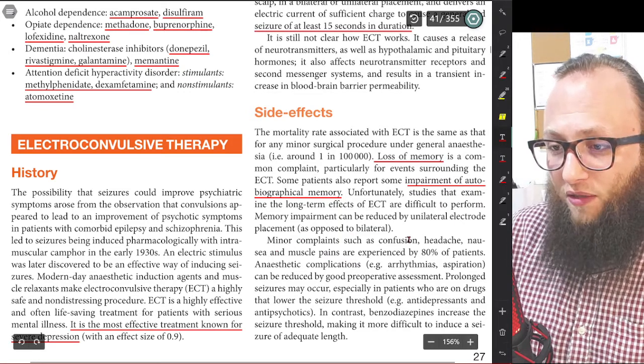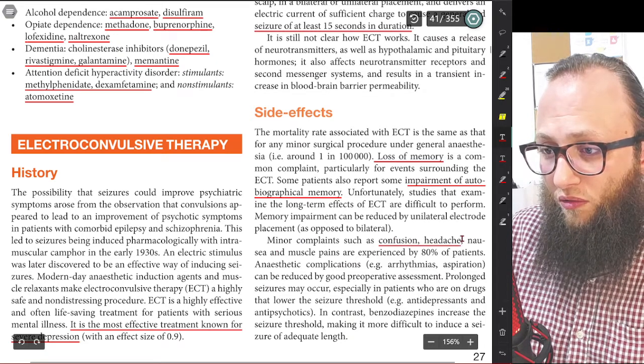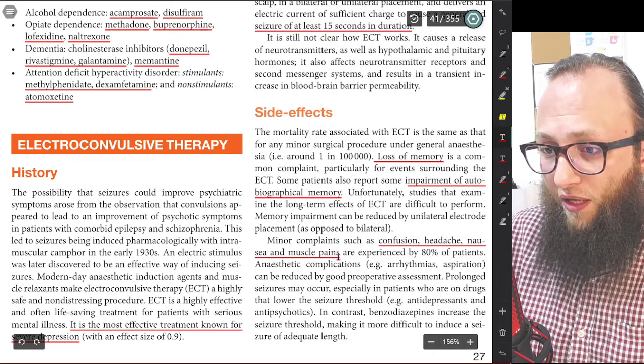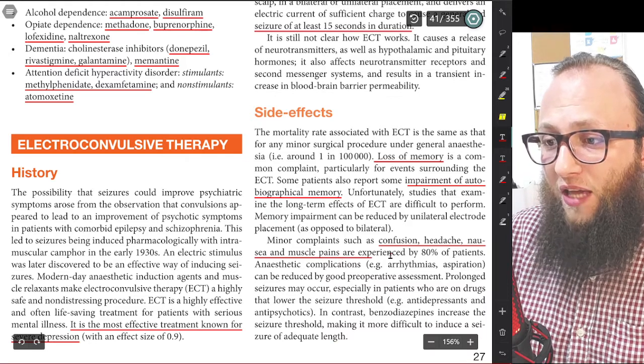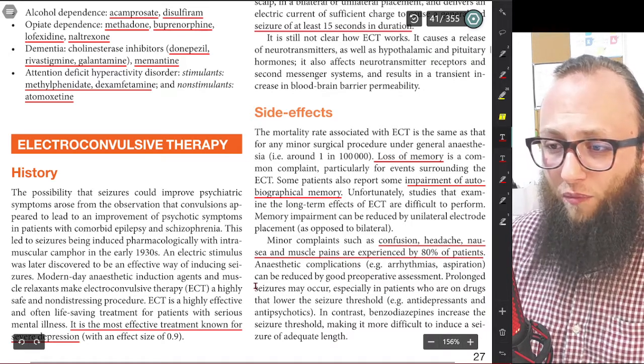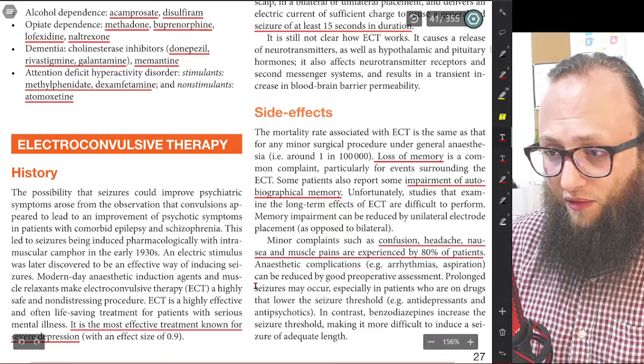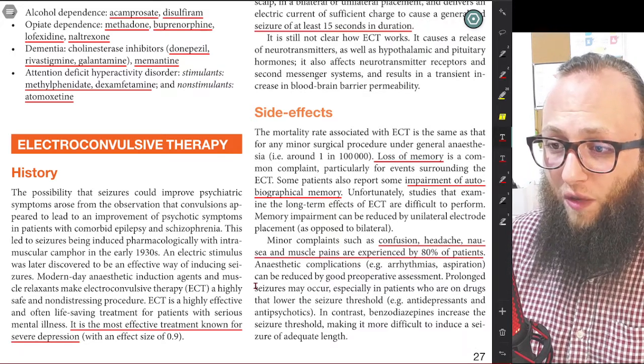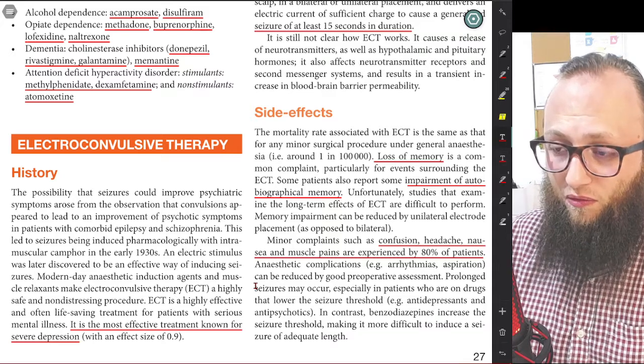Minor complaints such as confusion, headache, nausea, and muscle pains are experienced by 80% of patients. Anesthetic complications like arrhythmias and aspiration can be reduced by good preoperative assessment.